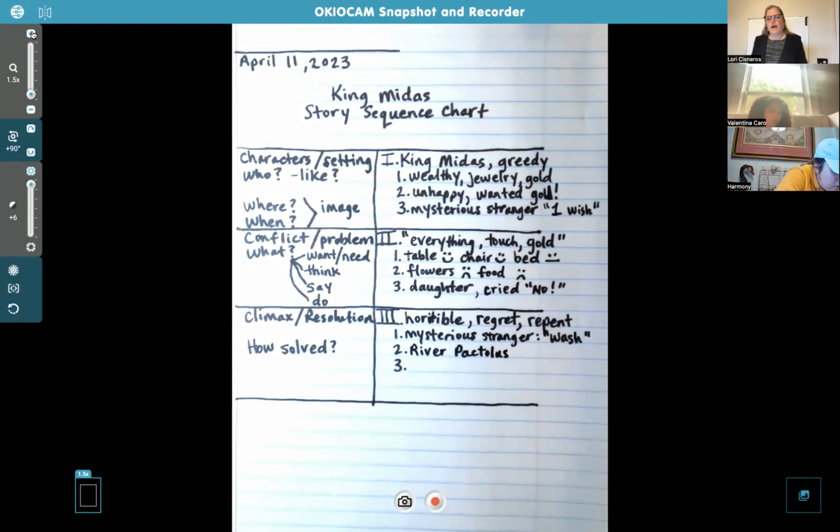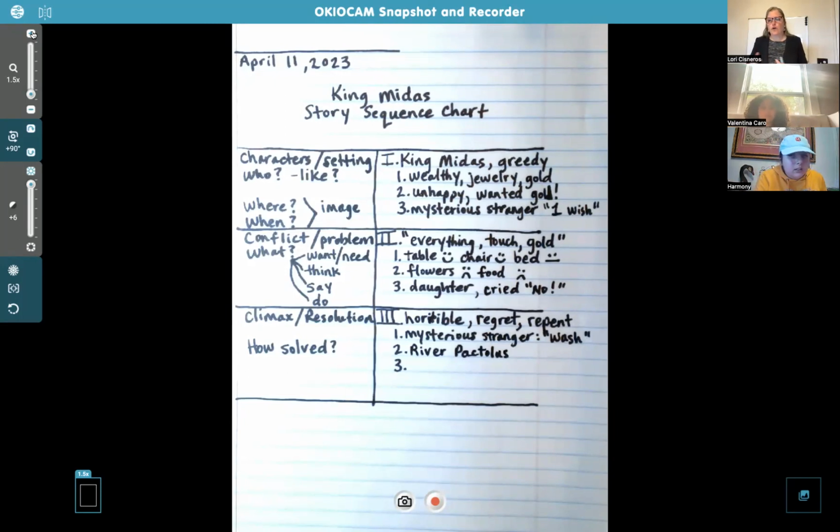And Harmony, what happened when he put his hands in the river? What happened? I'll wait till you finish writing that. River, with hands. So River Pactolus. What happened? Look what happened. Look, what did he do? He saw gold light flowing from his hands.